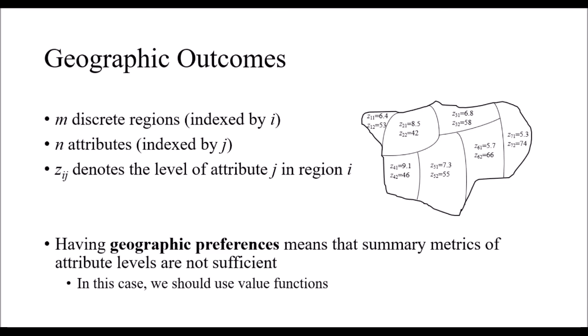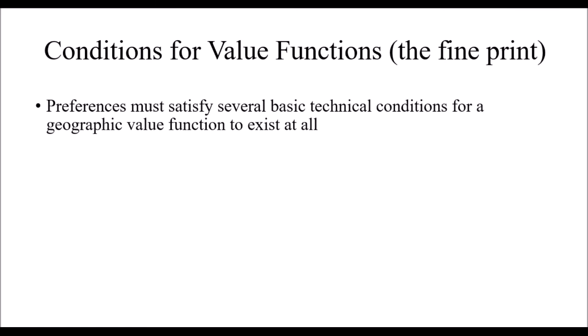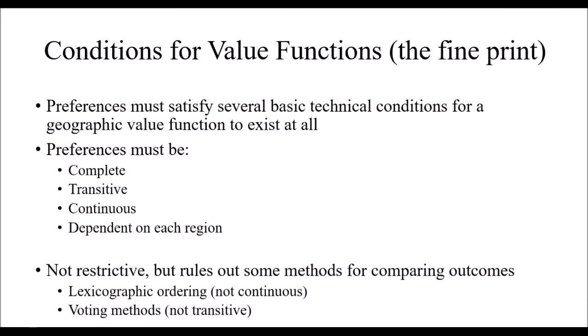Right. Now, if we want to use value functions, just like in any other traditional application of these concepts, there are a few common sense conditions that have to be met, and I am not going to talk about these individually. This is just classical decision theory stuff.